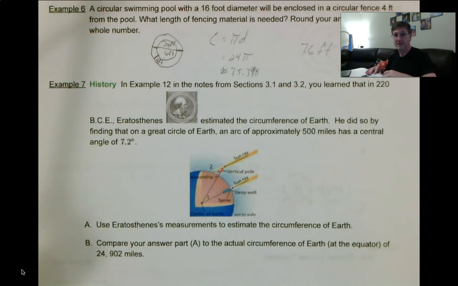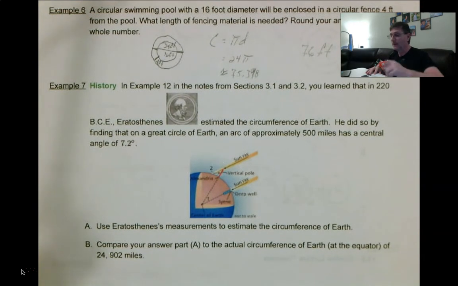Example 7 is my favorite problem of the year. This is not our first time seeing this problem. This is my favorite problem for a variety of reasons. One, Eratosthenes is finding the circumference of the Earth before they thought the world was flat. He knew it was a sphere, or the ancient Greeks believed it was a sphere.